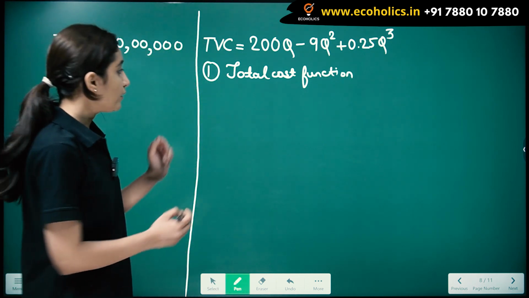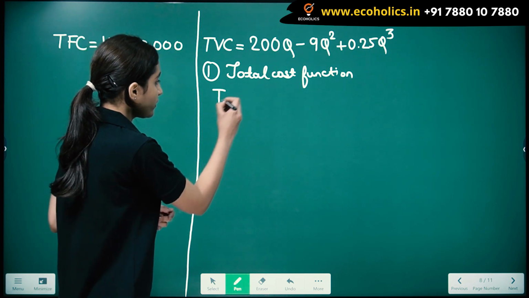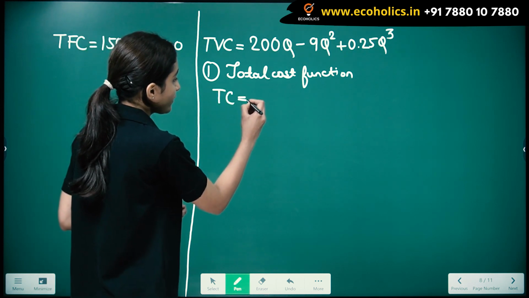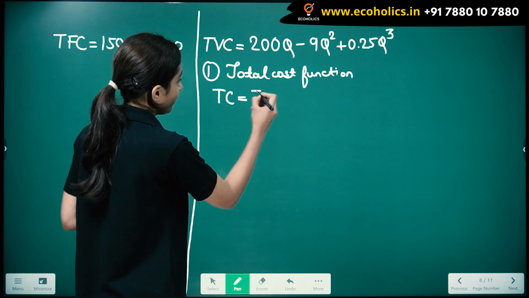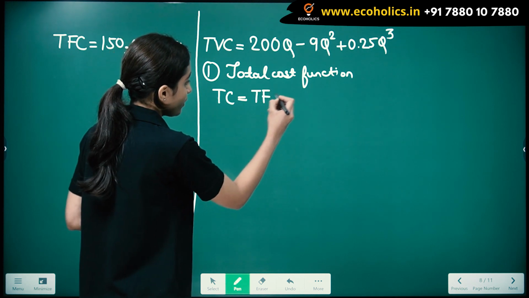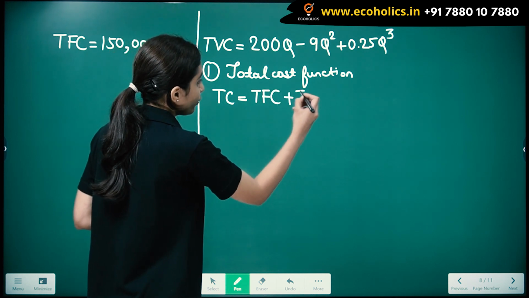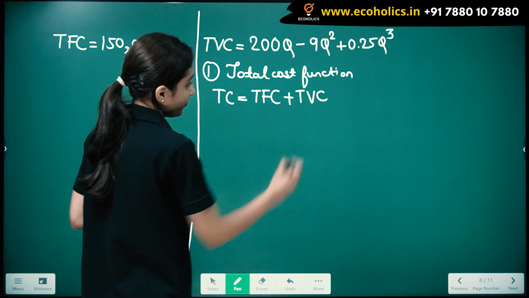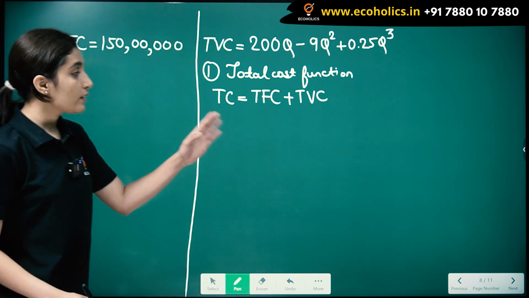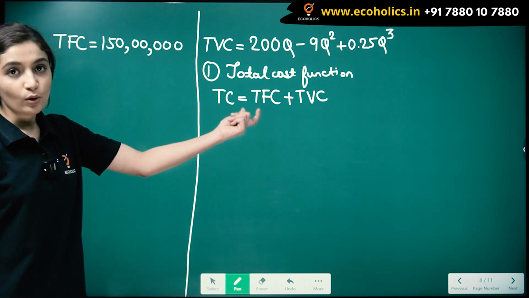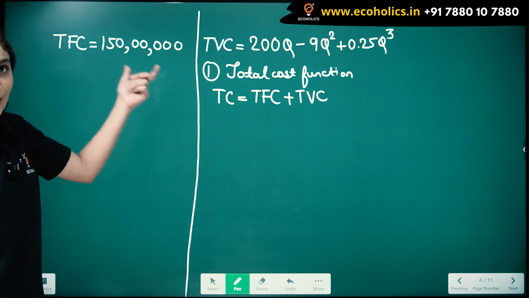We know that total cost is equal to total fixed cost plus total variable cost. Now it is given that total fixed cost is 150 lakhs.